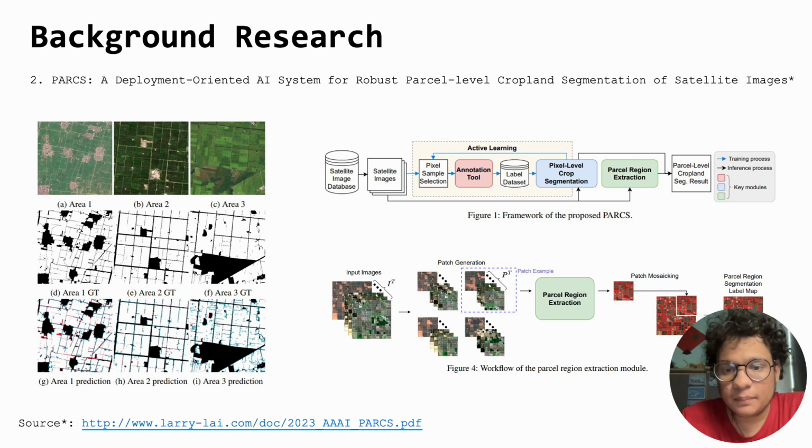After that they did pixel-level segmentation using a UNet-based model. For the segmentation they did patch generation, dividing the image into a number of patches, then patch extraction, then inferencing, and then mosaicing. You can see the results on the farms, with the ground truth here.